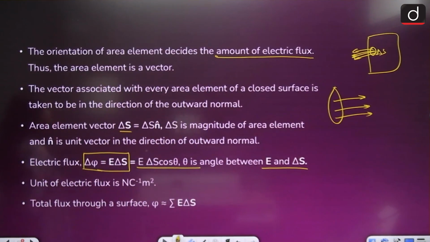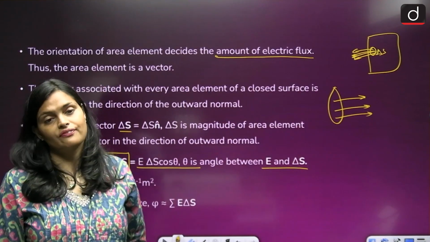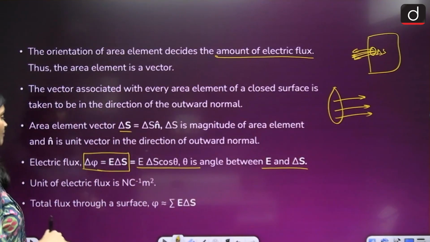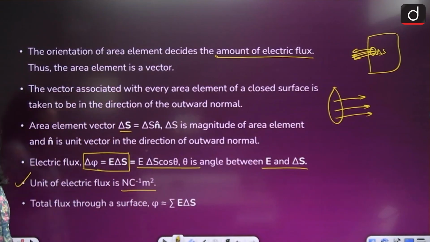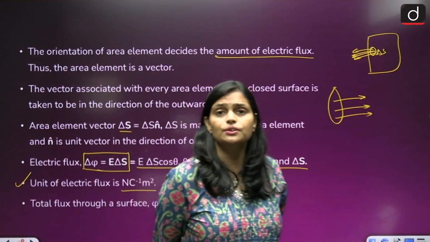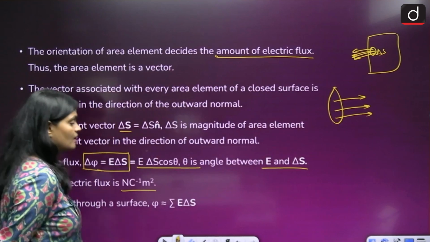Theta is the angle between electric field line and the surface element, right? Electric field and the surface element. Unit of electric flux is Newton per coulomb meter square. Okay, what is the unit? Newton per coulomb meter square.